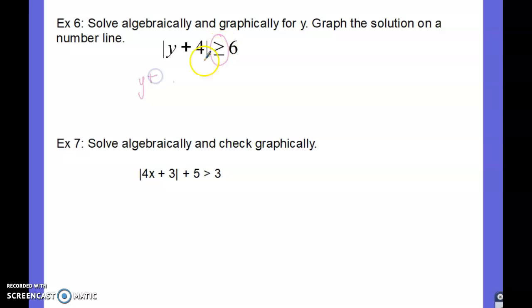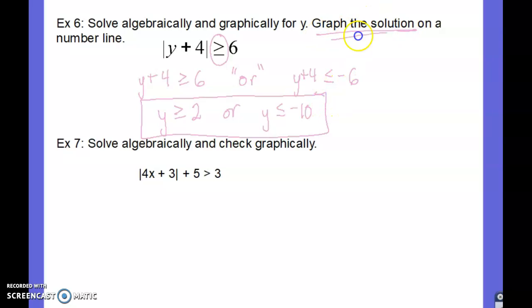So when you see a greater than, it becomes an OR statement. Absolute value is greater than or equal to 6, or it is less than or equal to negative 6. So as you subtract 4 over, I think it makes perfect sense that 6 minus 4 is 2. Or, as you subtract 4 over, negative 6 minus 4 is negative 10.